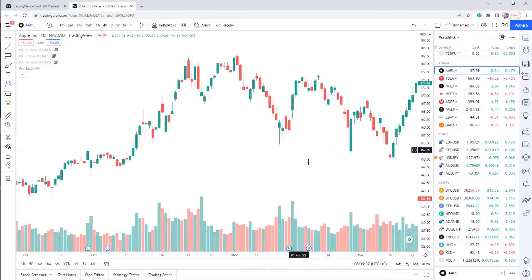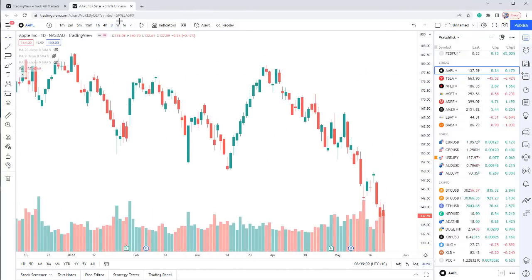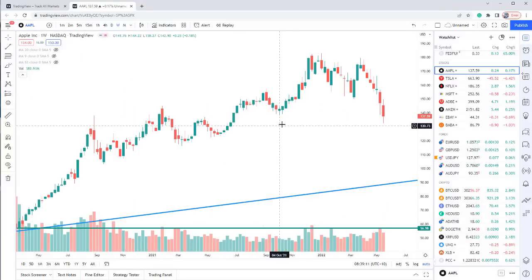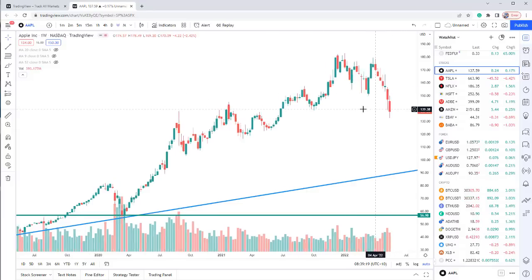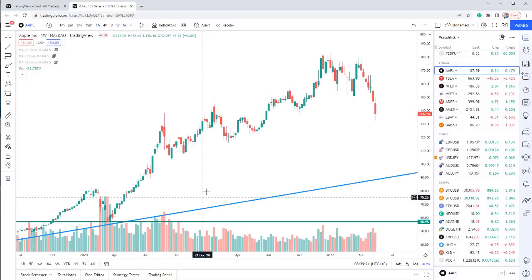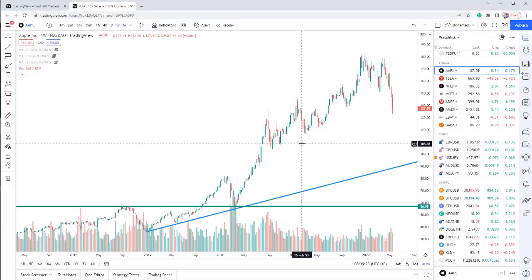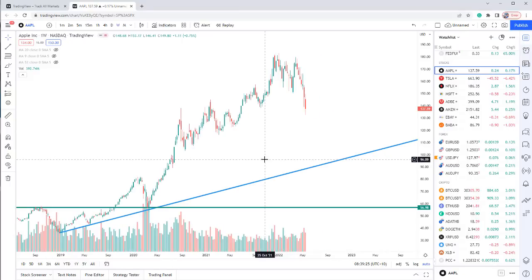So we can see that there, and if we have a look at the weekly charts, we can see that on the weekly charts, we're actually not looking too good. We were in a very strong upward trend, but things have changed. So any short-term pullback, there's a very, very strong area of support at 110.